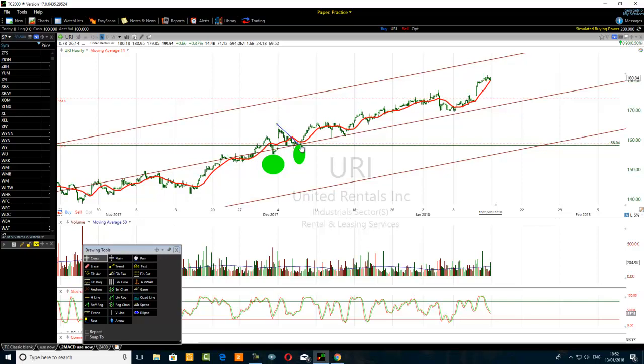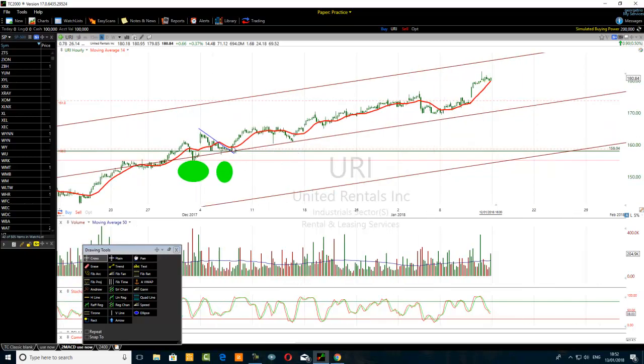Am I making myself clear? If you do not want to wait for the hourly candlestick bar to close, like here, where you see the trend line is broken, at least wait for the 30-minute candlestick bar to close.